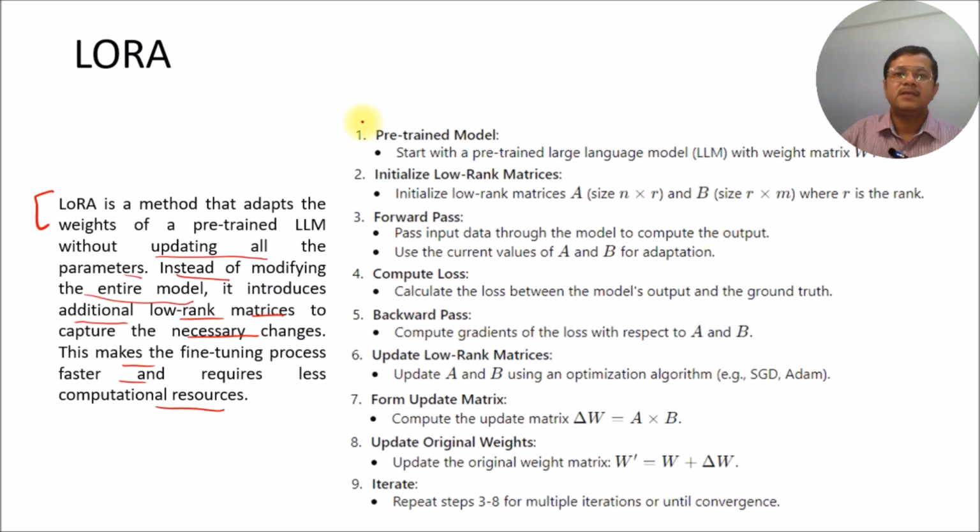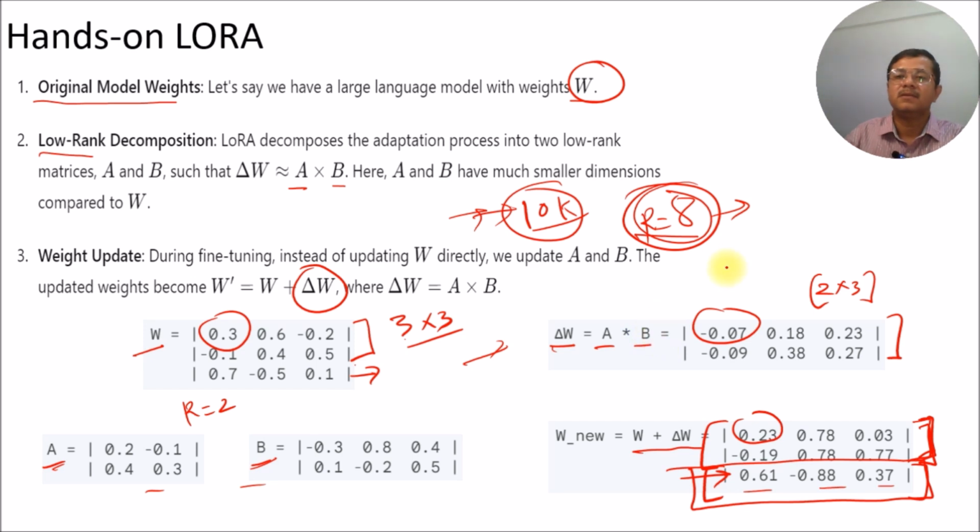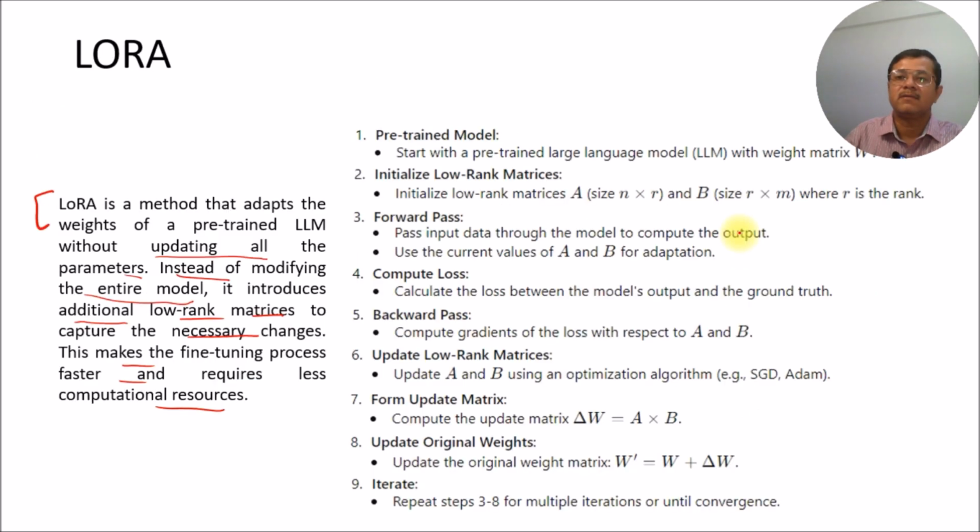Now we will try to understand how these matrix operations will be a part of the overall calculations. So these are the actual complete steps of the fine-tuning process. So we take the pre-trained model, we initialize the low rank matrices A and B. So we have a rank of matrices R. We take the forward pass: the input data through the model and compute the output. We use the current values of A and B for adaptations.